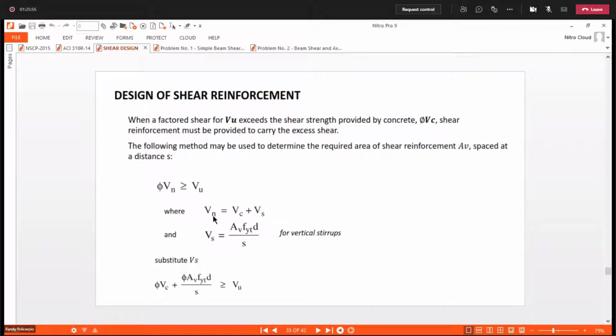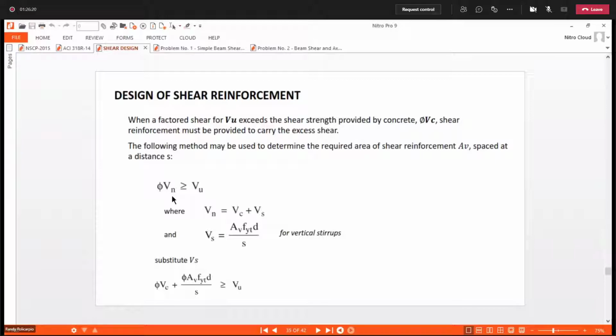Remember that the nominal shear is VC plus VS. And for the vertical stirrups, this is how we solve VS if there's already stirrups. And then all you need is substitute VS here to make our VN equal to phi VN.